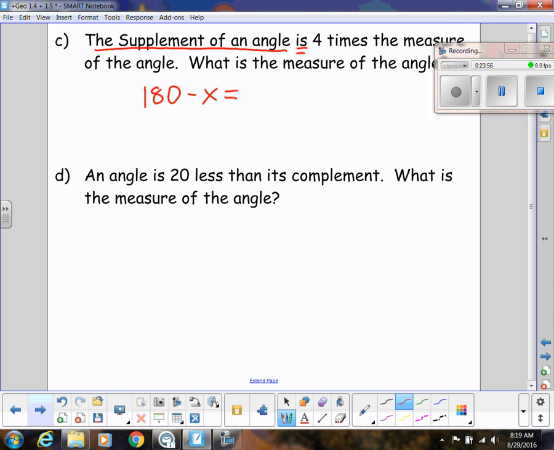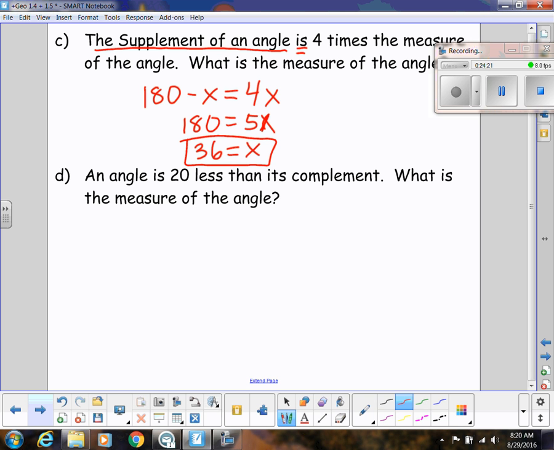That means equals 4 times the measure of the angle, 4 times x, 4x. So I just set up an equation, and now I can solve that for x. So then I can add the x over, and then divide by 5. So I would know that the measure of the original angle is 36 degrees.